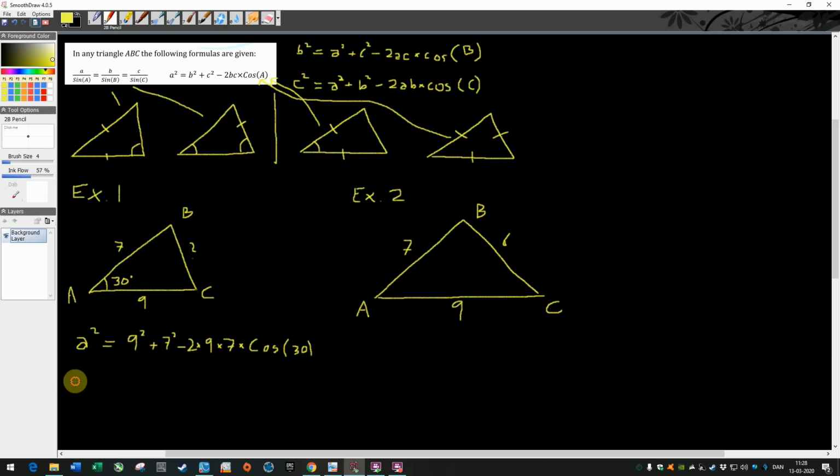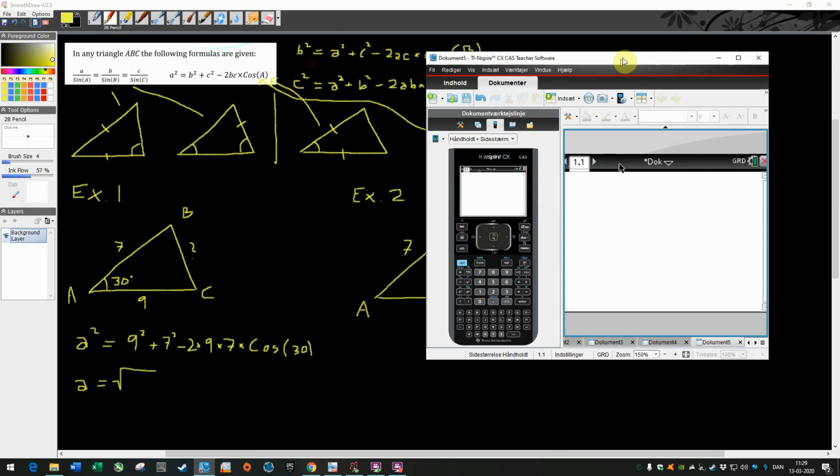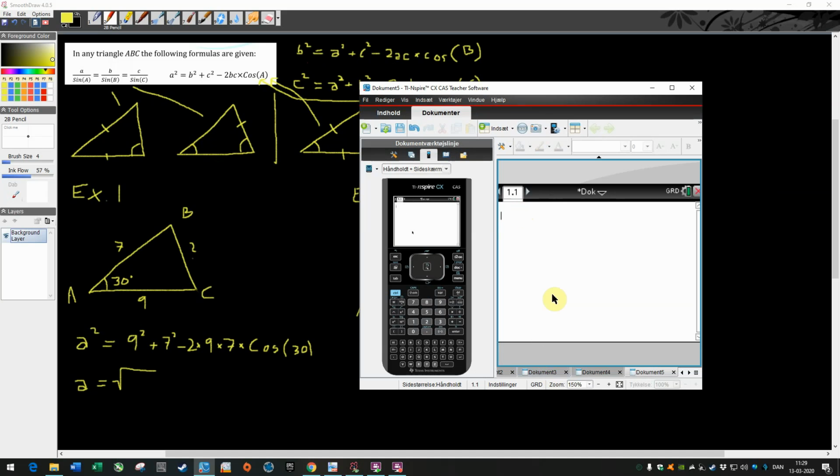You put that into your calculator, and then you take the square root of the number coming out here. So it is 9 squared plus 7 squared minus 2 times 9 times 7 times cosine of 30 degrees.